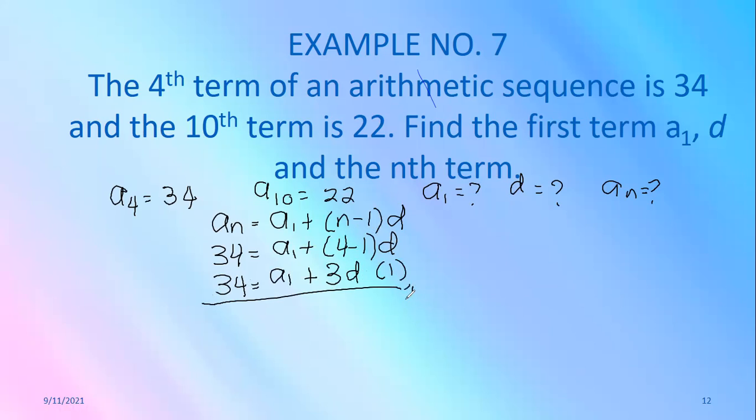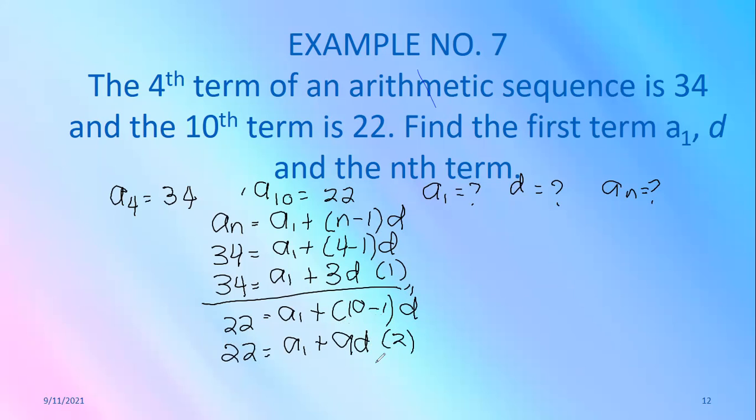Next, we're going to use this value. The 10th term, which is equal to 22, equals a sub 1 plus 10 minus 1 multiplied by the common difference d. So 22 equals a sub 1 plus, simplifying 10 minus 1, 9d.